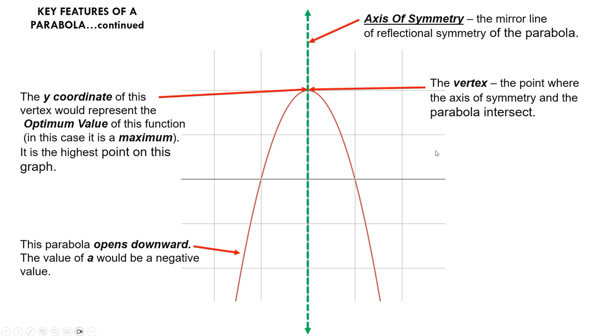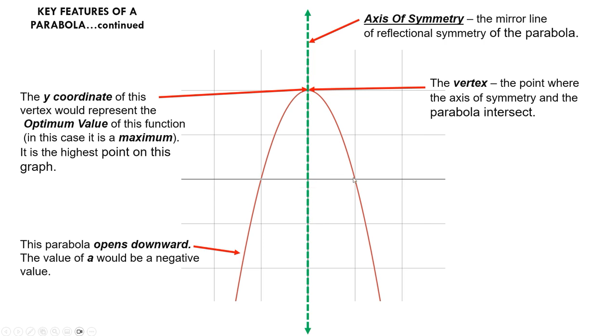The axis of symmetry is an imaginary vertical line that splits the parabola in two. It runs through the vertex and splits the parabola in two.